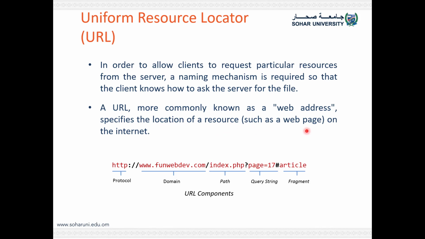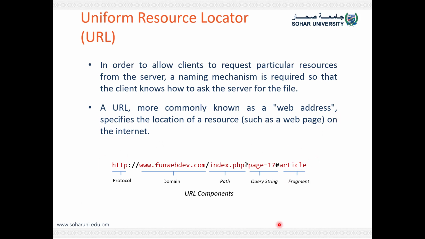What kind of resources? For example, a web page, an image, a video, a sound file, a CSS file, a JavaScript file. Any resource on the internet must be accessible by using the web address, or URL, which specifies the location of a resource on the internet.